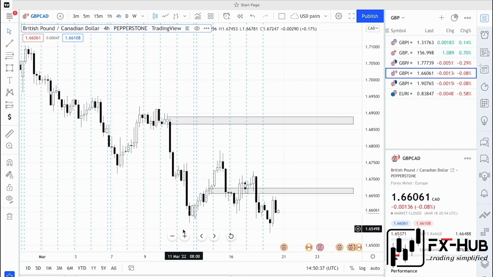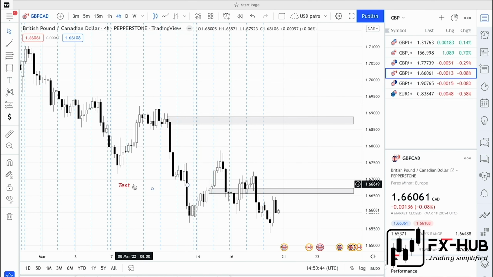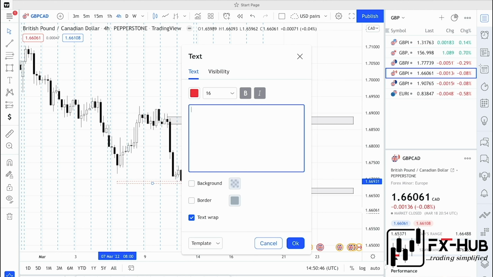So currently, we have major pairs and we have minor pairs. Let me quickly type out all the major pairs you'll be trading in Forex.